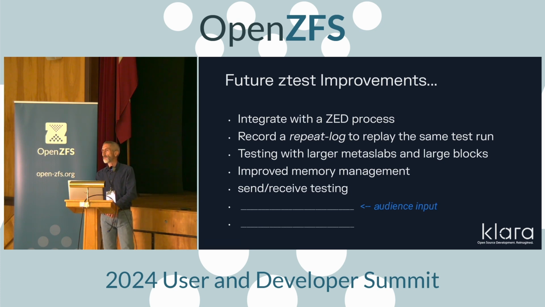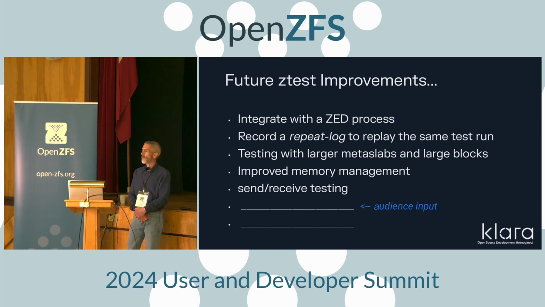Other ideas of things people would like to see in ztest? Is anybody interested in send-receive testing in ztest? What about encryption? It tests encryption, but it just turns it on, so if you're running the code path, it passes, but are you thinking of more?